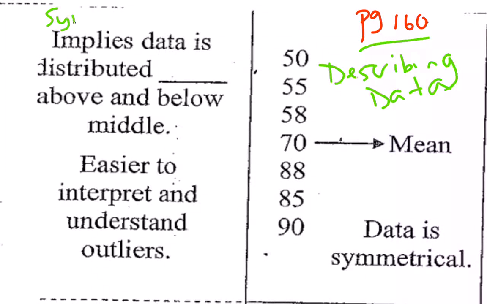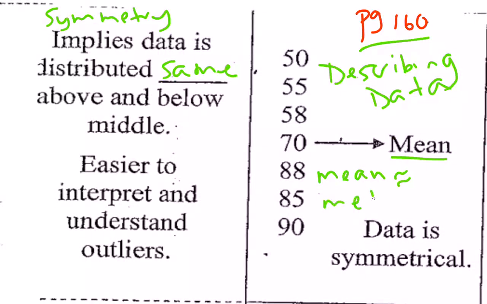If we use the word symmetry, then we are implying that data is distributed the same above and below the middle. So here's my mean, and my data is symmetrical because half of the values are above and half are below. So this is going to be when my mean is pretty much the same as, approximately, my median.